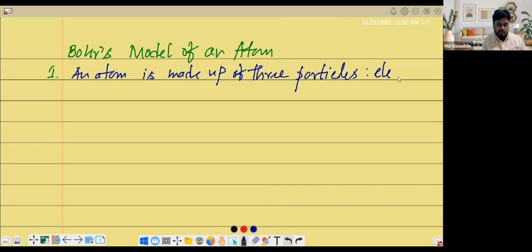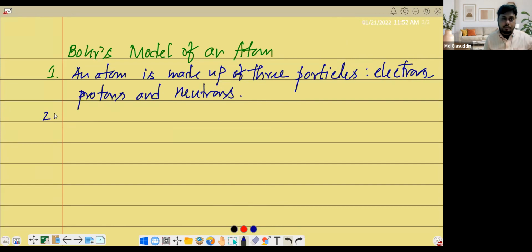That is electrons, protons, and neutrons. Okay. Number two. So I'm just not going into details, because you know the electrons are negatively charged particles, protons are positively charged particles, and neutrons are neutral.